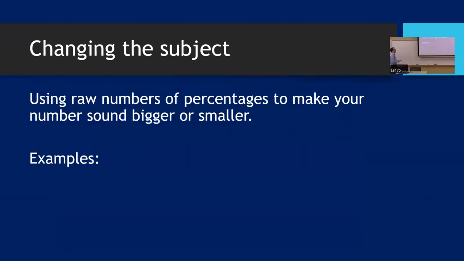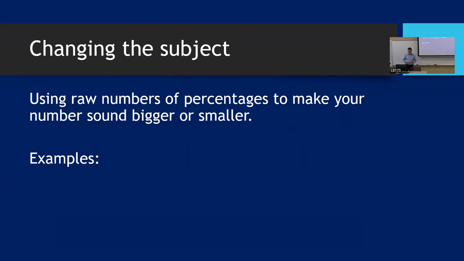And we talked about changing the subject. Changing the subject is where you use either raw numbers or percentages to make numbers sound bigger or smaller. By the way, using raw numbers or percentages is not the only way to change the subject.